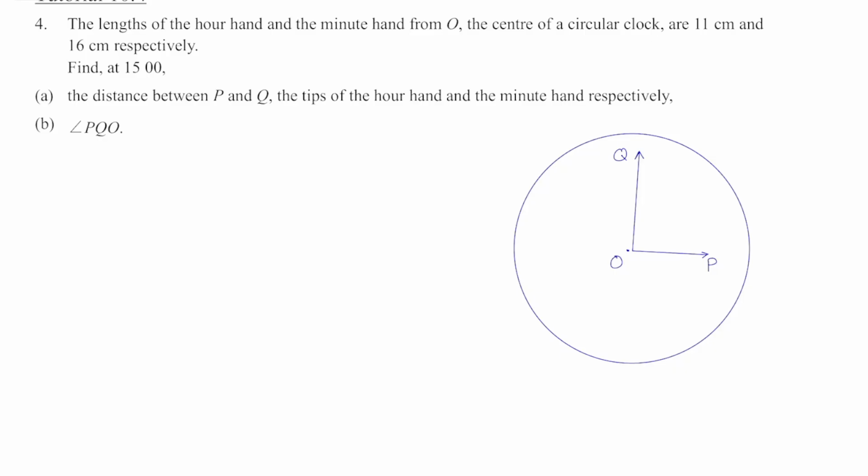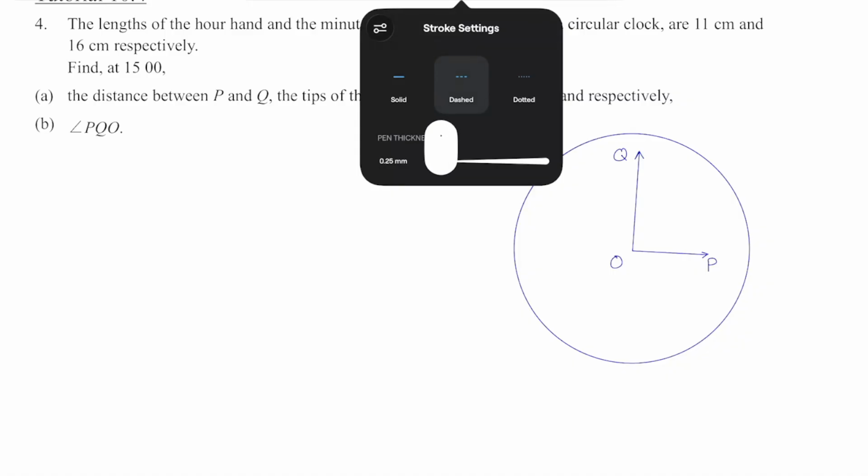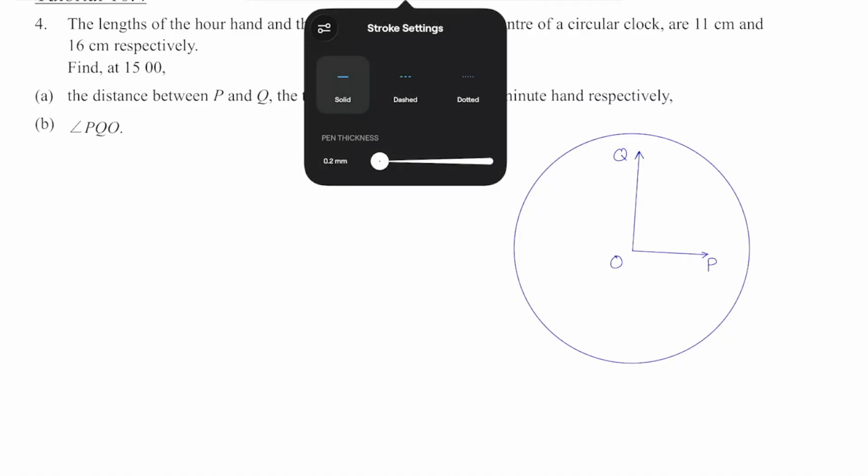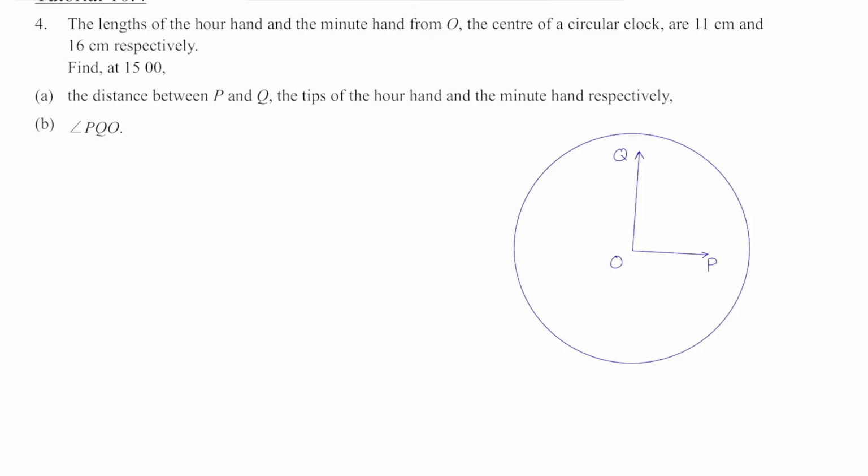Then they want, okay, let me get rid of this dot. Then they want a line. Let me draw a dotted line. Okay, they want a dotted line from P, the distance P to Q. This distance, okay?